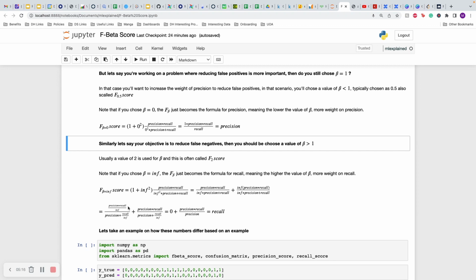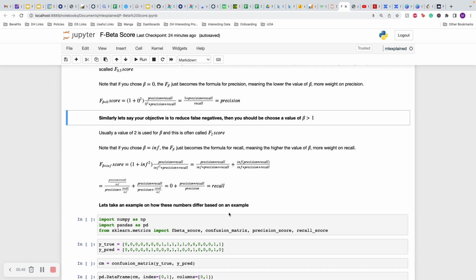So both sides we divide by infinity, and essentially this becomes 0, and this becomes precision times recall by precision, because the recall by infinity is 0, and this just becomes recall, right? So the higher and higher the value of beta you choose, the more emphasis you put on recall, and with the maximum value of beta, which can be infinity, that beta formula just devolves into recall.